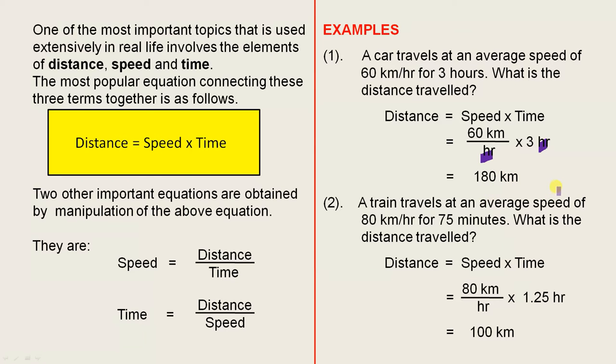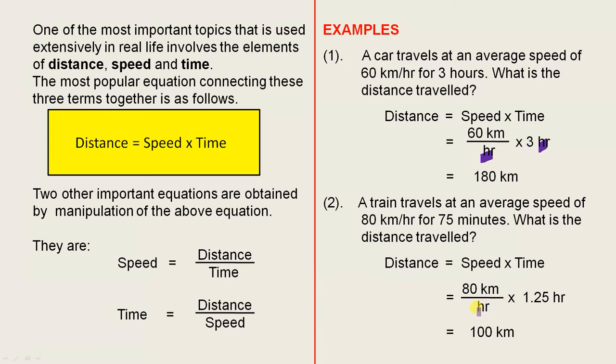Number 2. A train travels at an average speed of 80 kilometres per hour for 75 minutes. What is the distance travelled? Same equation, distance equals speed multiplied by time. 80 kilometres per hour multiplied by... Now, because we're working in hours, the time is 1.25 hours, because 75 minutes is 1 hour and 15 minutes, which is 1 1/4 hours, which is 1.25 hours.